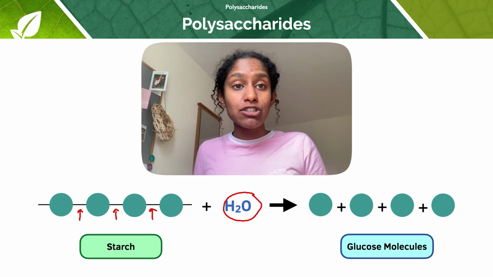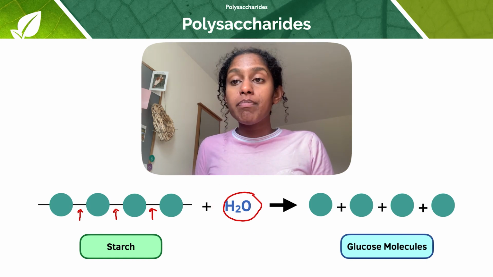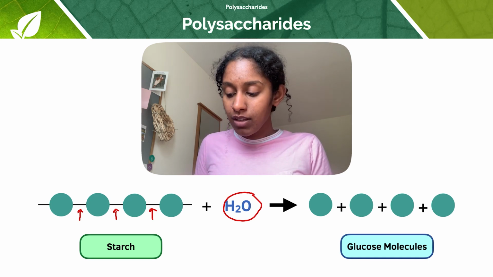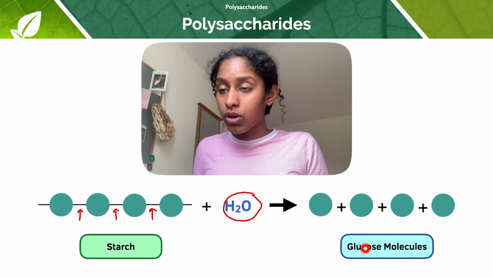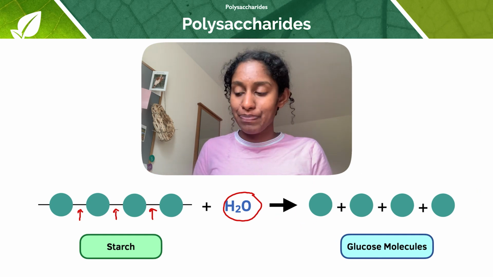So in a condensation reaction, we're always forming water, but when we break down a polysaccharide, we are breaking down those glycosidic bonds and forming these monosaccharides in turn. So it's the reverse process, essentially.